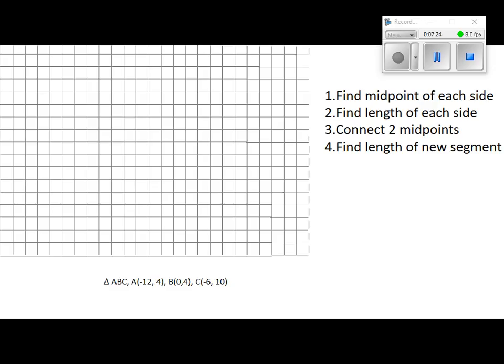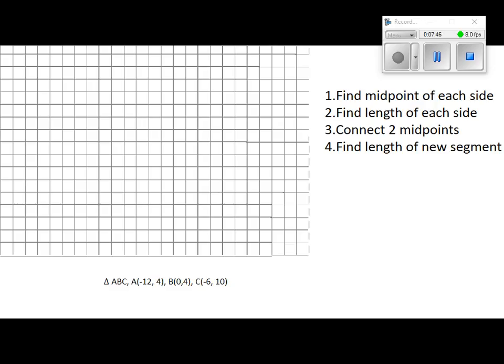So those two segments have to be congruent, right? We know that. What I want you to do, what are the other two sides of the triangles? Give me one of them. AB and CB. Take a minute or two, I want you to find the midpoints. And I'm going to ask you what they are. Doing the same thing we just did.